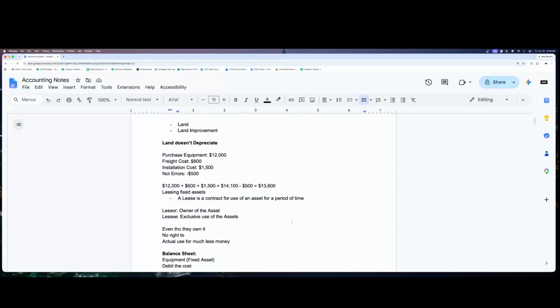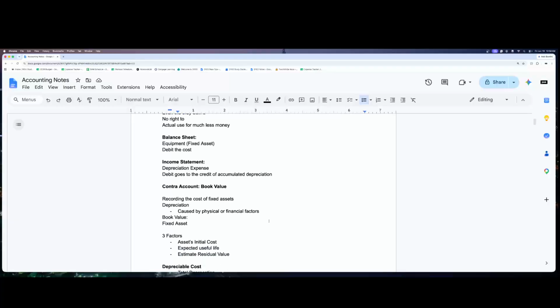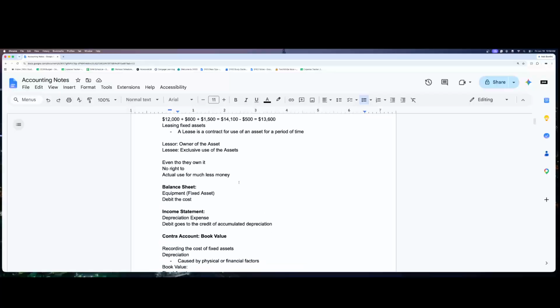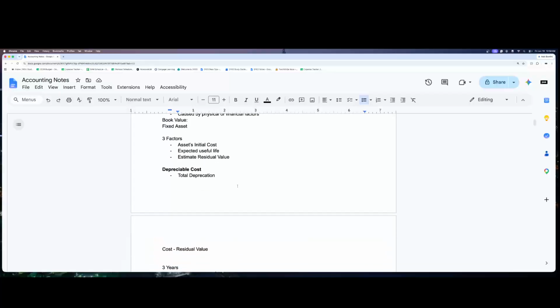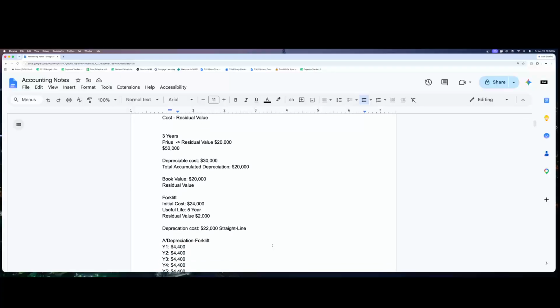Talking about different types of assets, for example, land, which doesn't depreciate, and things like the book value, how to calculate the book value, depreciation, and residual value.